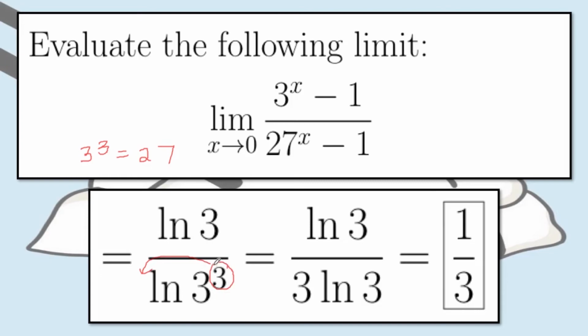So the 3 can be brought to the front, giving us 3 times ln 3. Since there's an ln 3 in the numerator, we can cancel ln 3 and ln 3, giving us 1 in the numerator. Hence, we arrive at the answer of 1/3. The series of equalities connects to the original limit via L'Hopital's Rule and some simplification, and this is the final answer: 1/3.